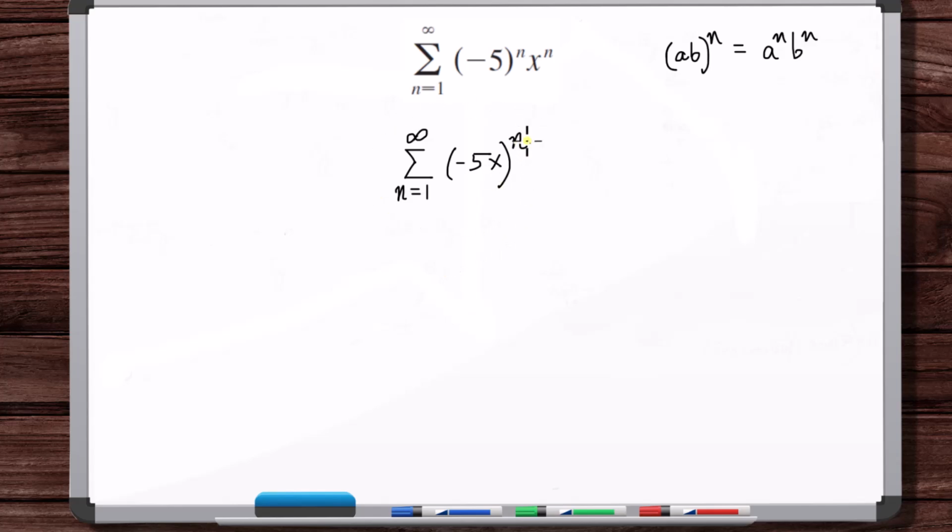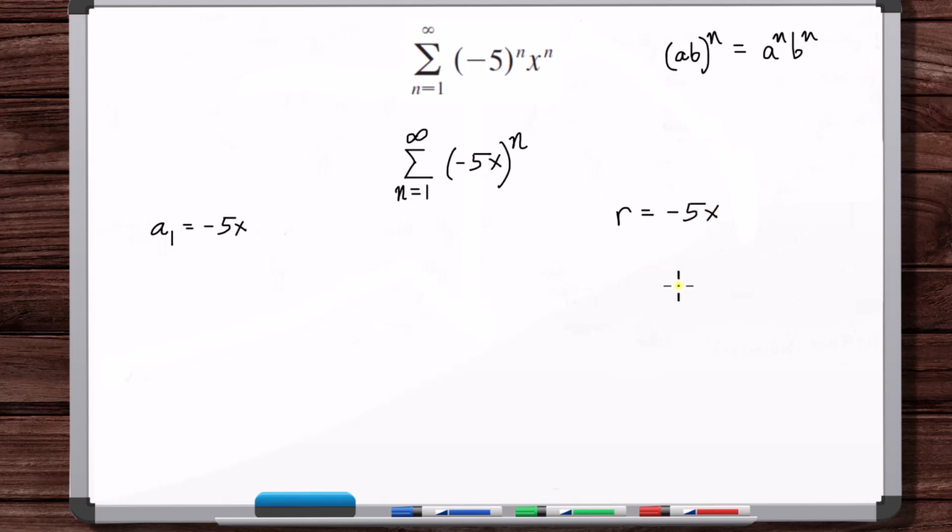That's a geometric series, clearly, with a common ratio of minus 5x. Now, what is the first term of this geometric series? Well, when n is equal to 1, we see it's minus 5x. And the common ratio is minus 5x.